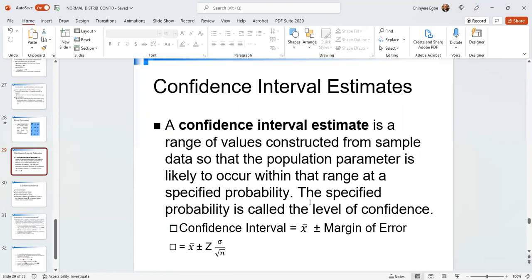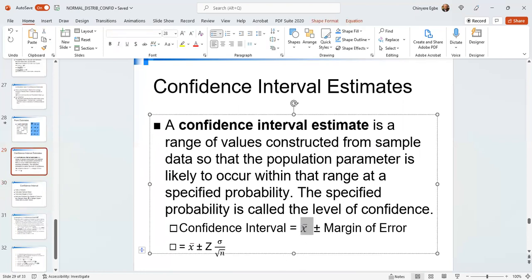Now, like I said, the specified probability is called the level of confidence. So for example, you say there's a 95% confidence, or a 98% confidence. So you take the sample mean, X bar, plus or minus the margin of error. Remember about the Z we talked about?